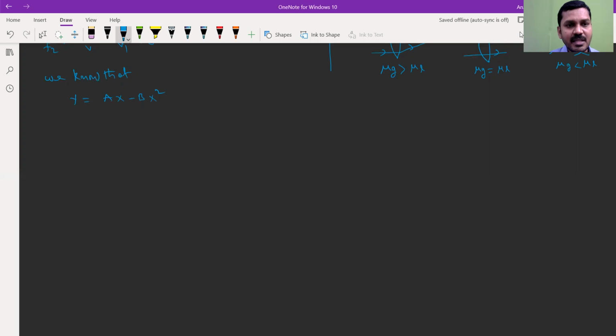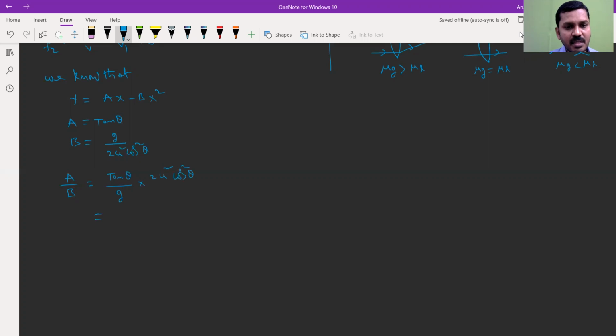And what is a in this equation? a = tan theta and b = g/(2u² cos² theta). If we take the ratio of these two, a/b equals tan theta, substituting the value of b, g/(2u² cos² theta). It means the denominator value I am writing in the numerator: 2u² cos² theta.